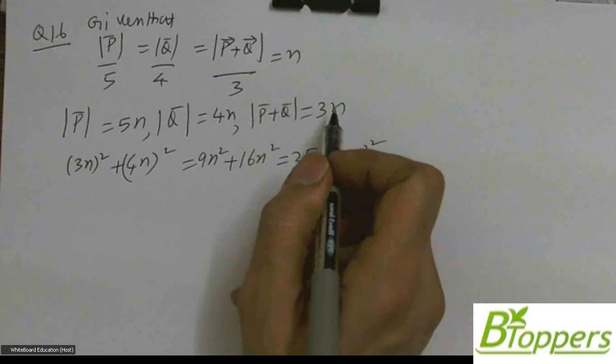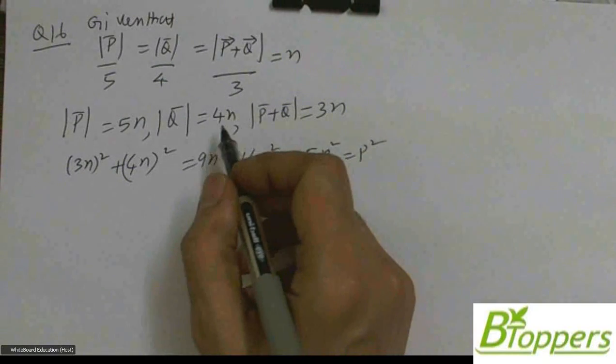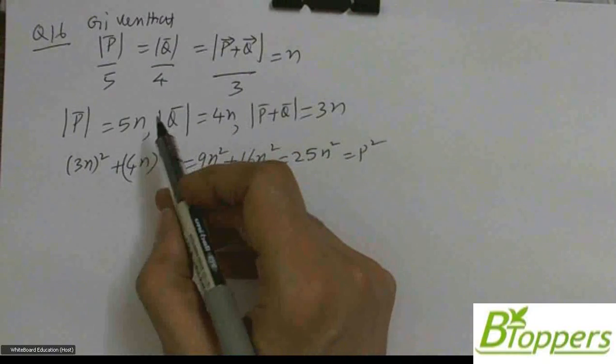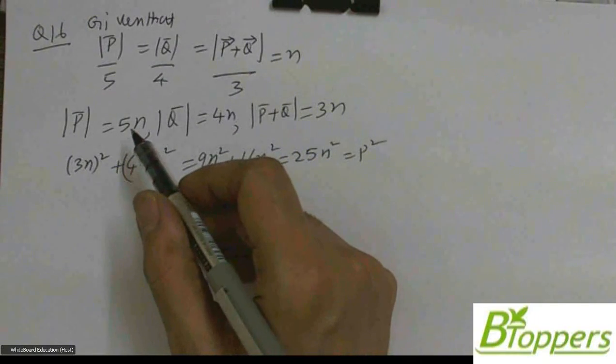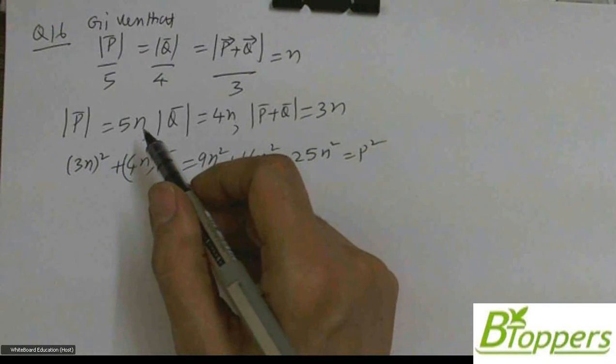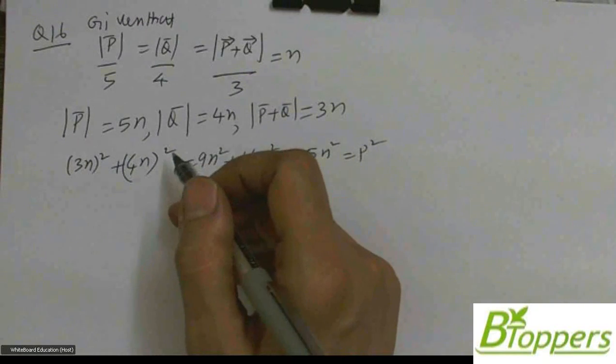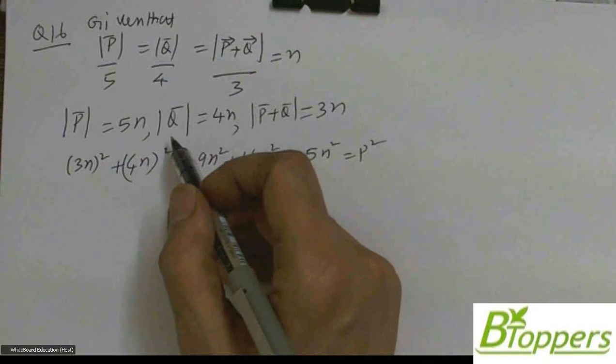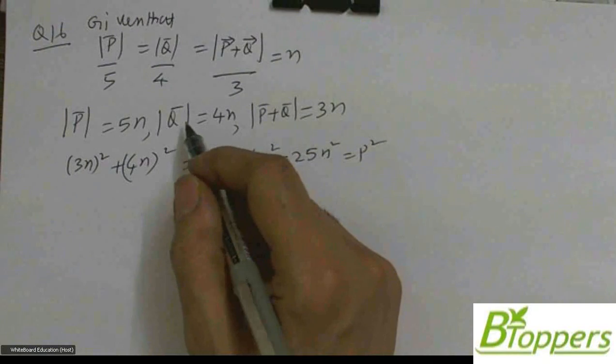If the sum of the squares of the smaller magnitudes becomes equal to the square of the largest magnitude, then you can conclude that they form a right angle triangle. But in every example, you may not get a right angle triangle.